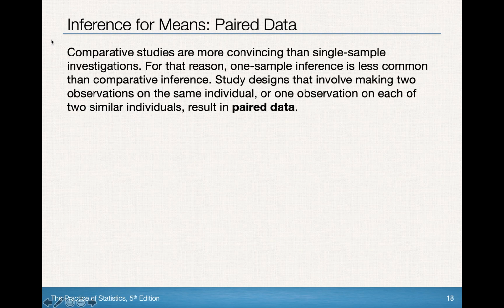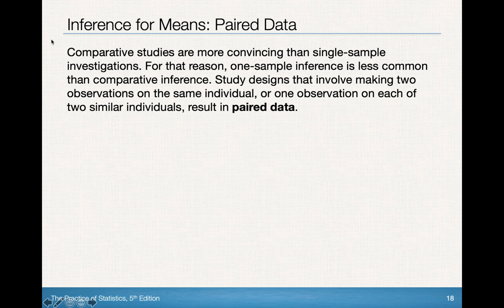Now, comparative studies are more convincing than single sample investigations. Therefore, a one sample inference is less common than a comparative study. Study designs that involve making two observations on the same individual or one observation on each of two similar individuals result in paired data.